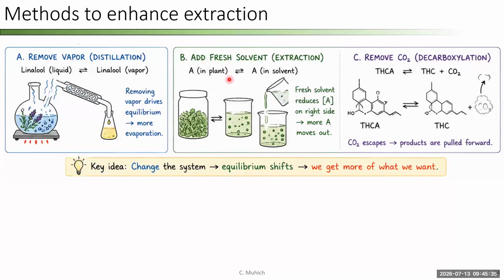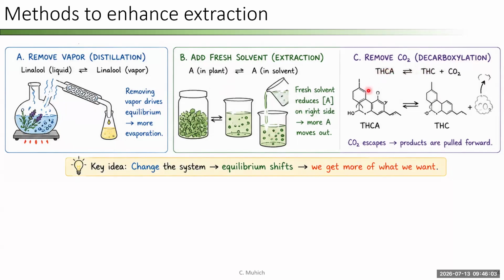If we're thinking in terms of extraction, I take my leaves, whatever the plant matter is, I put in some sort of solvent, I reach equilibrium. How do I drive it further along? Well, I can decant off that liquid, add fresh solvent, and now I reestablish equilibrium.